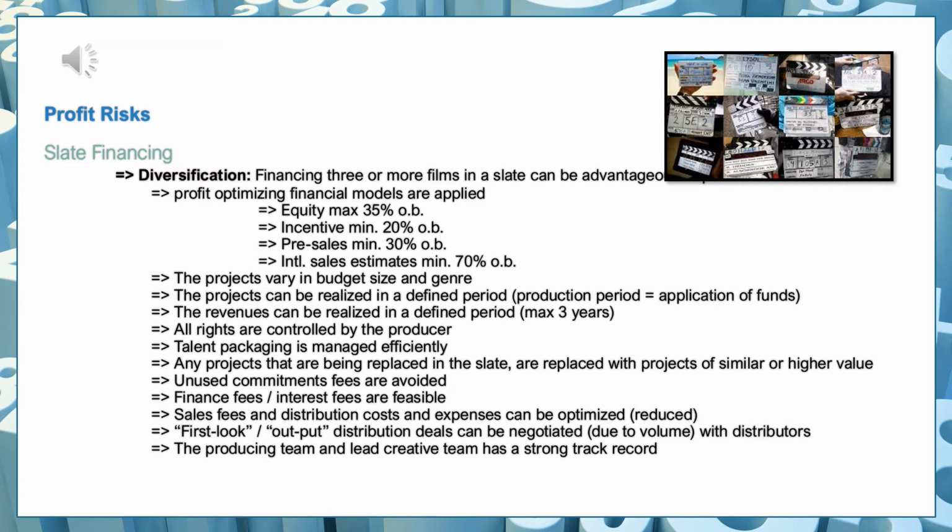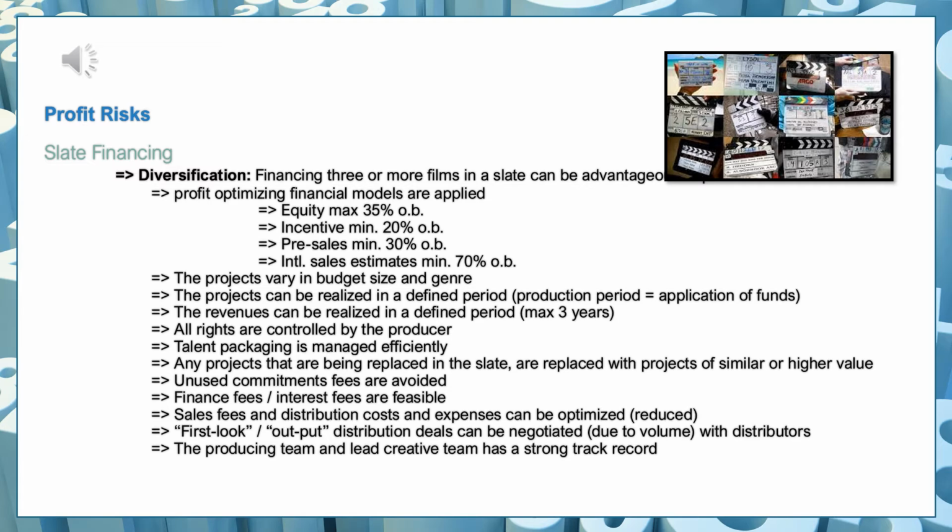So I'm not just diversifying through budgets, but I'm also diversifying through content and genres. I make sure that when I put the slate together, I put slate titles in there that I can realize within the time that the application of funds is supposed to happen. So I'm not going to put a project in there that I'm going to have to develop for 10 years.